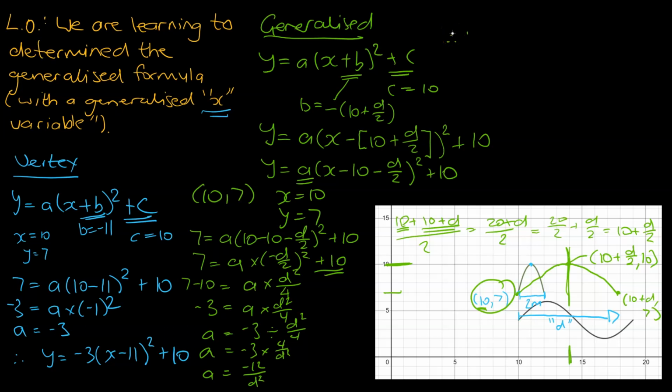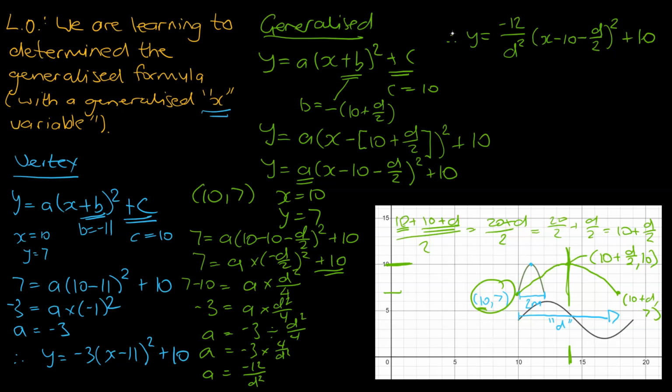So therefore, y is equal to negative 12 divided by d squared, and then in brackets, we've got x minus 10 minus d over 2, squared, plus 10. So that's our generalized formula.